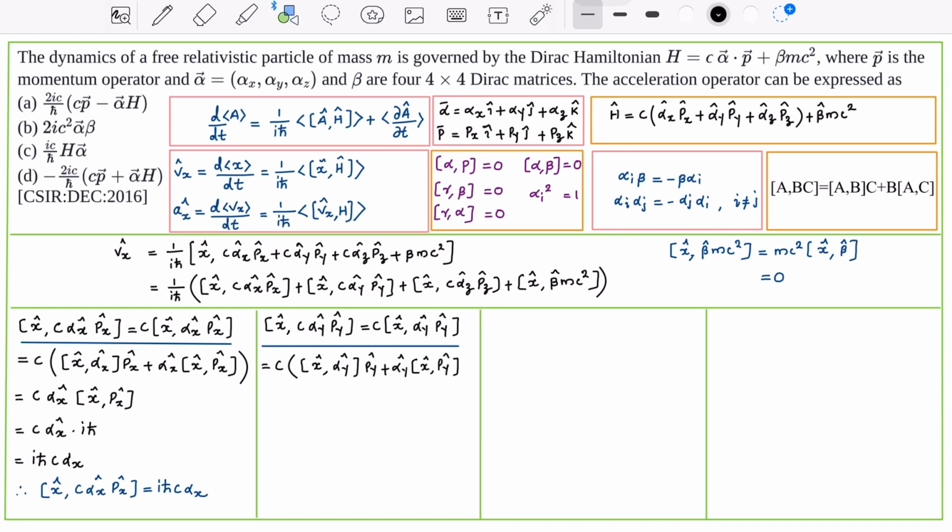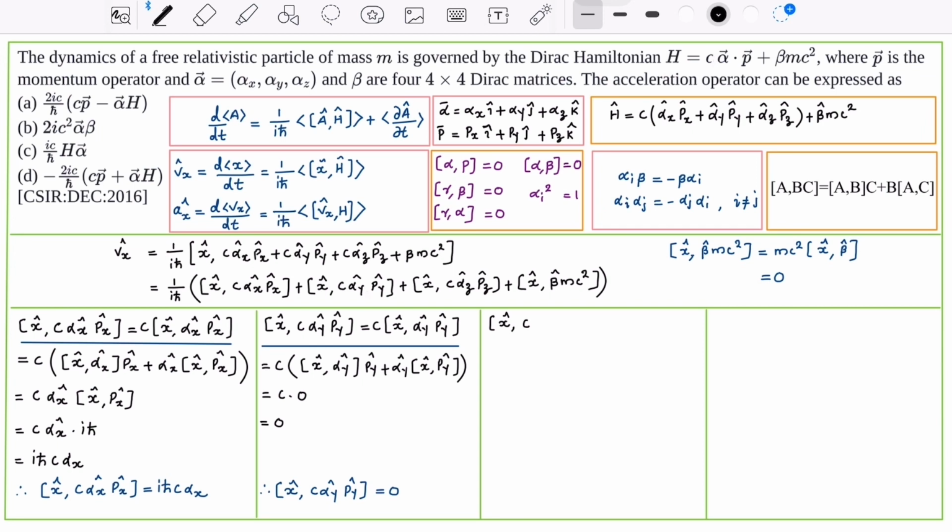The commutator of r and α is equal to 0, therefore the commutator of x and αy is 0. And the commutator of x and py, we know, is also 0. Hence the commutator of x and c αy py is equal to 0. That is, the second term in the velocity operator is 0.